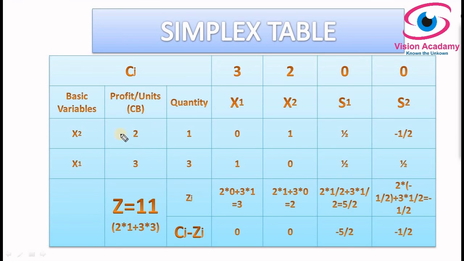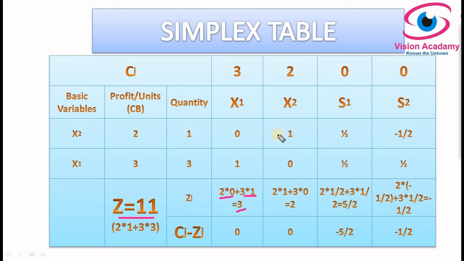So now we can calculate the z value. Z is equal to 2 into 1 plus 3 into 3. So 2 into 1 is 2, 3 into 3 is 9. The z value is 11. And for the z1, z2, z3, z4 values, I have made the operation like this. 2 into 0 is 0, 3 into 1 is 3, so the value is 3.